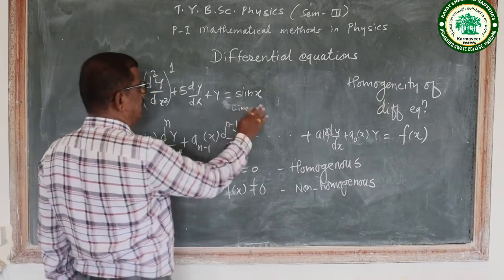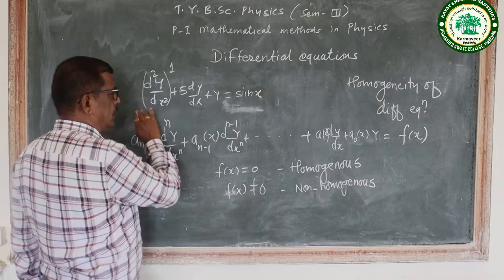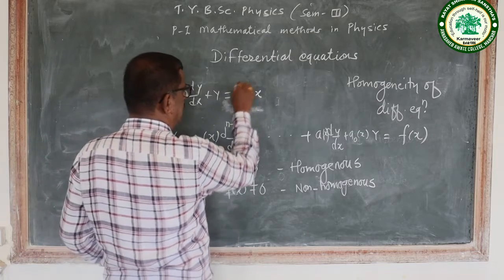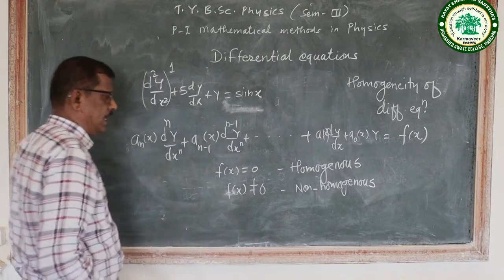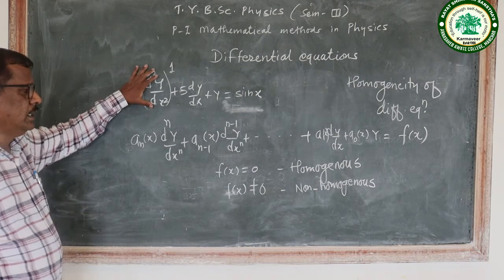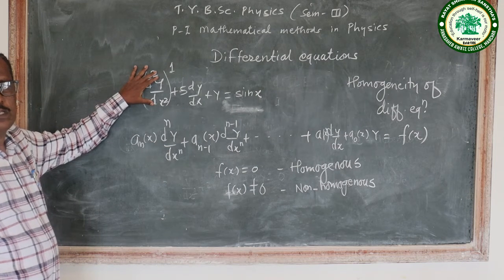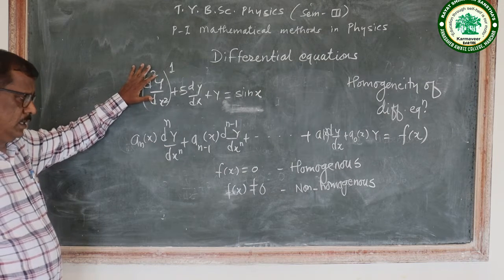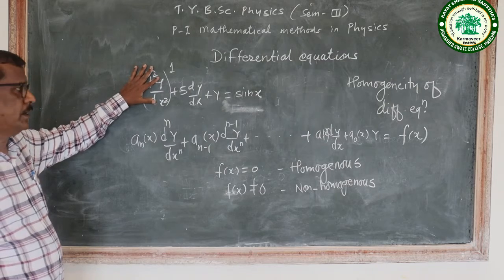See here, this is a linear differential equation. In this differential equation, on the right side, sin x is there. Therefore, we call this a non-homogeneous or inhomogeneous differential equation.